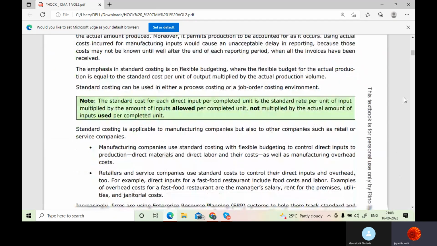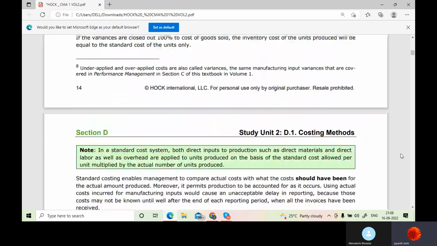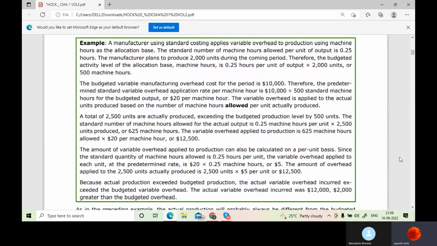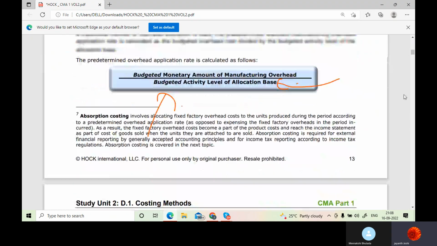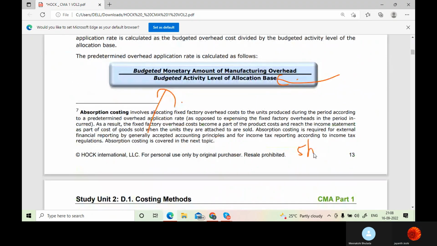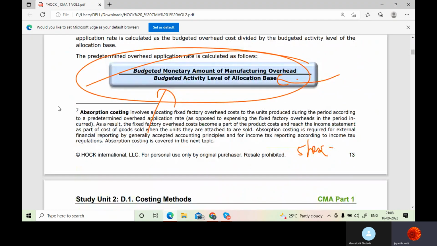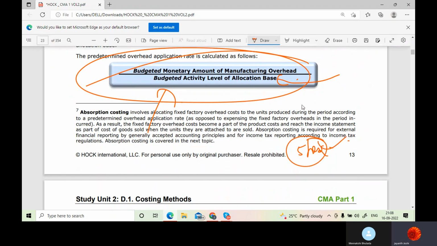We'll do a question here and then see what we can do afterwards. Let's see this. A manufacturer using standard costing applies variable overhead, that means he has found out the variable overhead per unit. So this is called applied. Allowed is, suppose, 5 hours, which are the standard hours you have allowed.